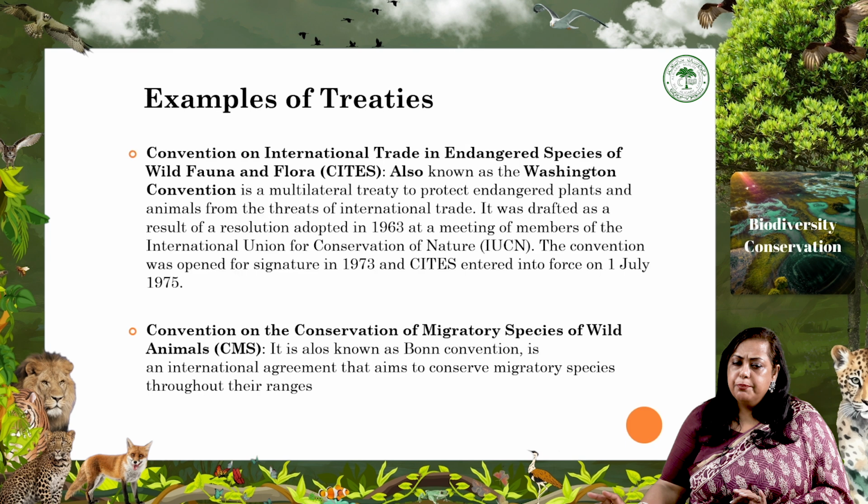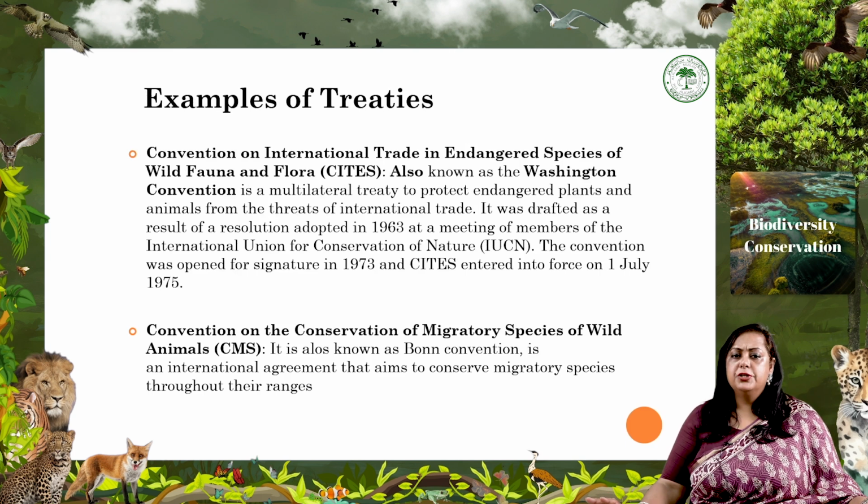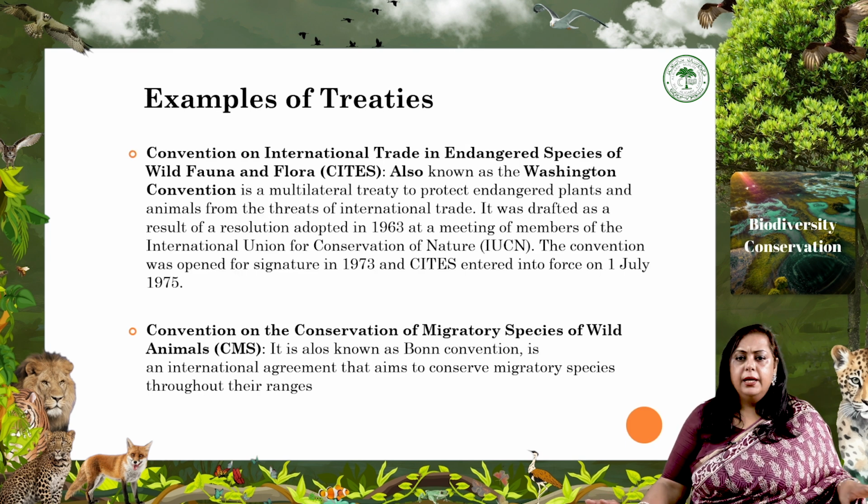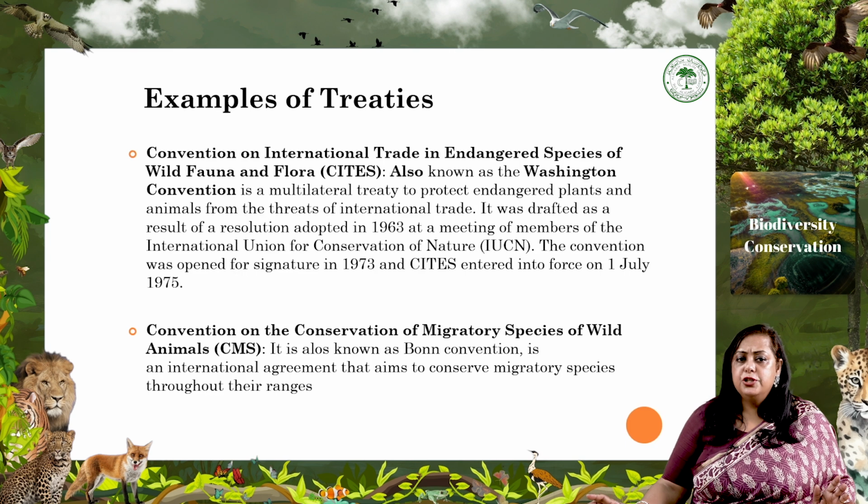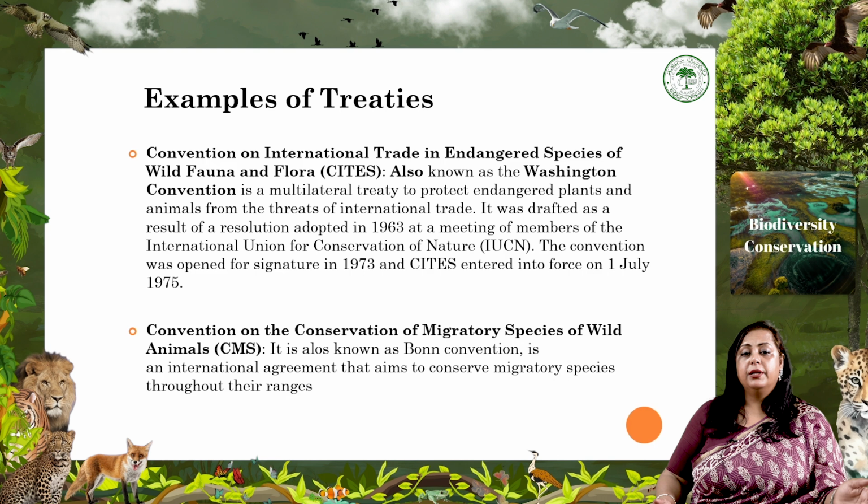There are different examples of treaties. The Convention on International Trade in Endangered Species of Wild Fauna and Flora, that is CITES, which we have discussed, also known as the Washington Convention, is a multilateral treaty to protect endangered plants and animals from the threat of international trade.